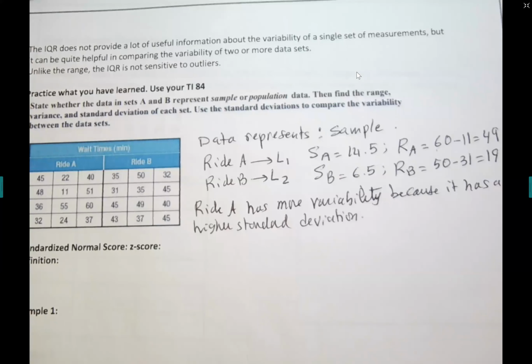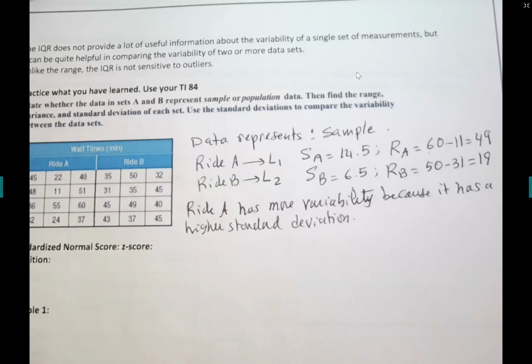It's likely that I'll be waiting pretty much the same amount of time, just like everybody else. Whereas with ride A, the difference between two values could be as high as 14.5 minutes, the variability, whereas in ride B, it's only 6.5.